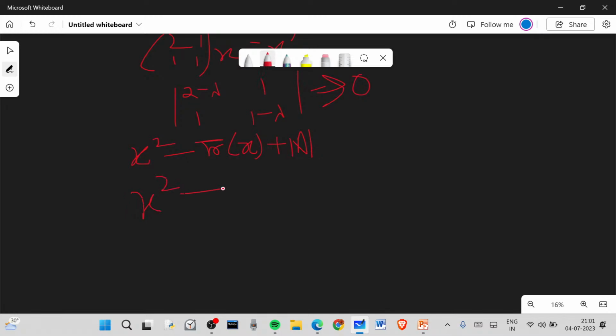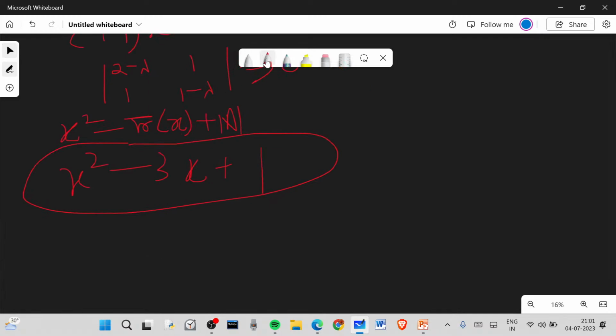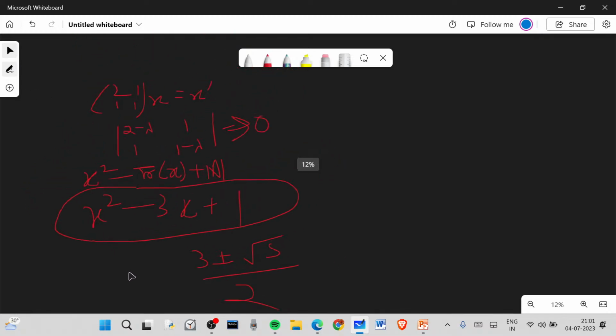Its roots are known as eigenvalues. Oh, it's not having very good roots: 3 plus minus root 5 by 2. Come on, they're very bad to look upon even.